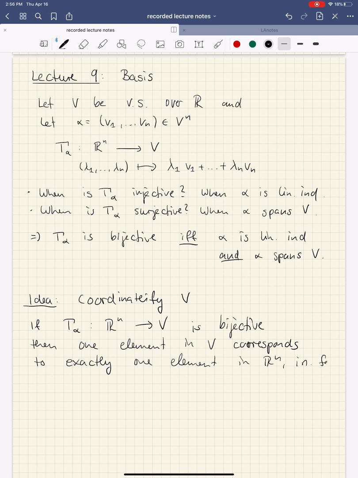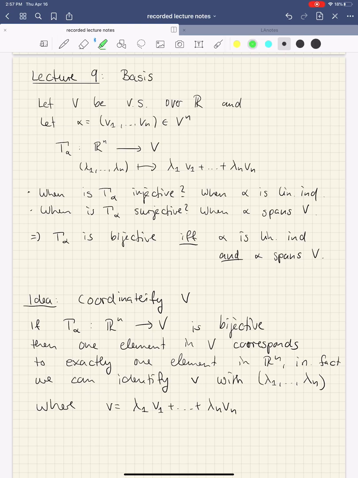In fact, we can identify V with lambda 1 through lambda n, where V is written as lambda 1 times v1 plus all the way up to lambda n times vn. Sorry for this little thing here. And so this map being bijective means pretty much that there's exactly one way of writing V like this, and also that I can write V like this.